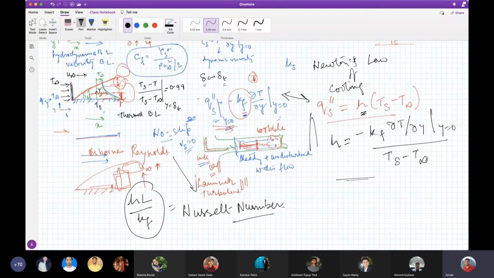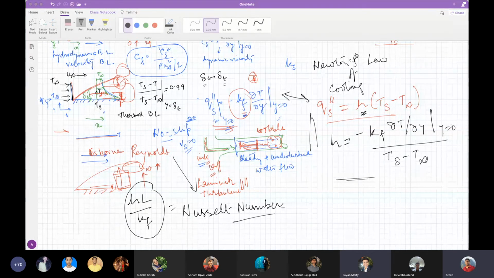This is the Nusselt number. What is its importance, and how is it related to the thickness of the hydrodynamic boundary layer and thermal boundary layer? That we will start our discussion in the next class. Until then, do you have any questions on whatever we have discussed?